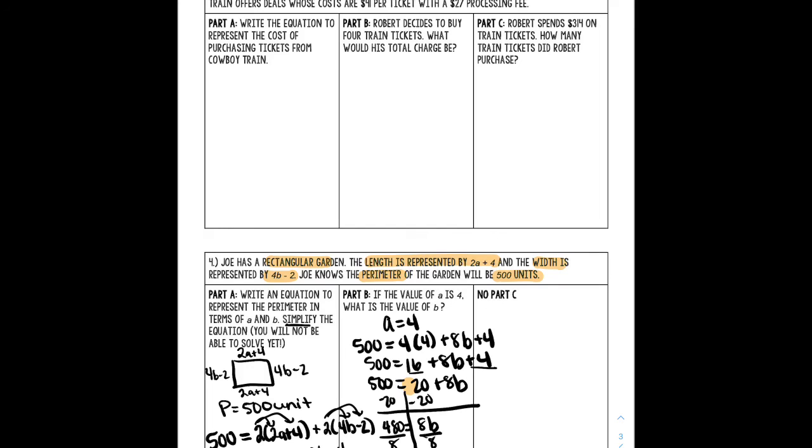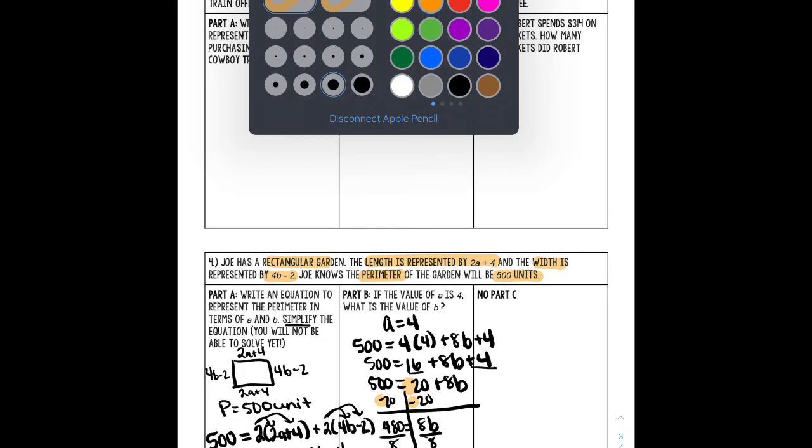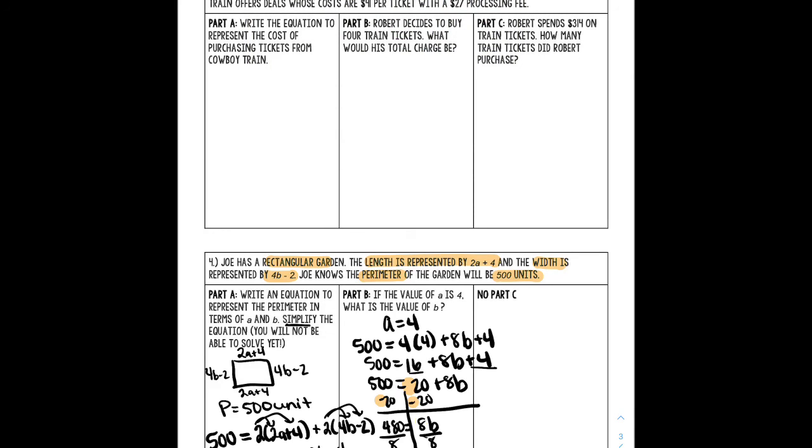Okay, so I subtracted 20 because my 20 is positive. So to undo addition, I'm going to subtract. And then I divided by 8 because when I have a number next to a variable, that's multiplication. To undo that, I need to divide. Okay, and then 480 divided by 8 gave me 60. So if my a value is equal to 4, my b value is going to be equal to 60.